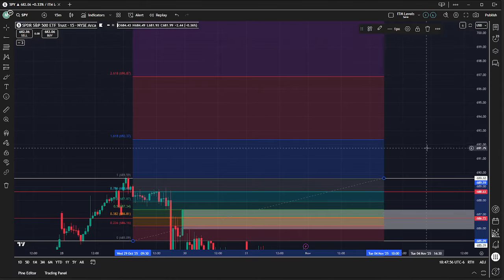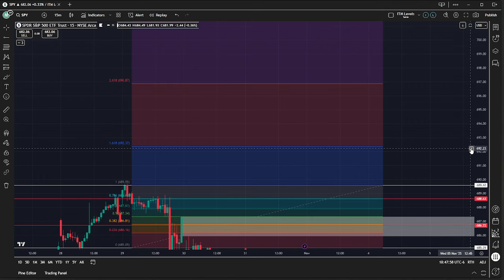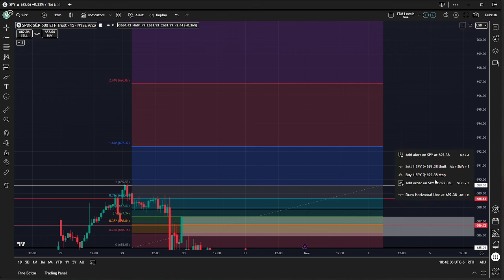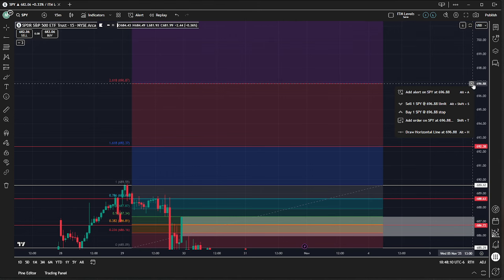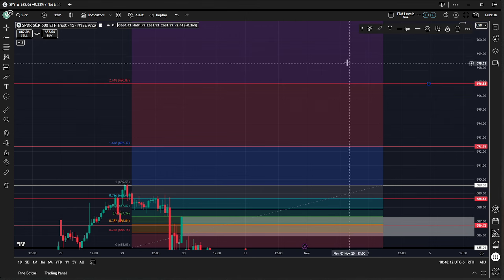Whatever, I'll put it at 59. It doesn't make too much of a difference. But this right here just shows me the price targets once we break above 689.60. Above 689.60, I'm looking for the price target of 692.38. But I would say the next major resistance would be at 696.87, but obviously it's good to have price targets right here.